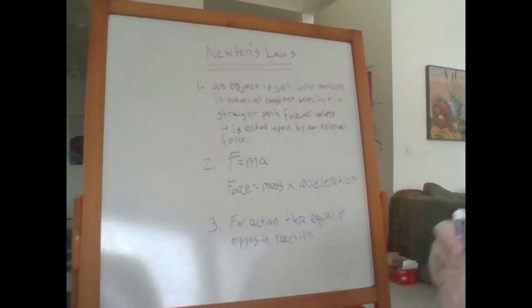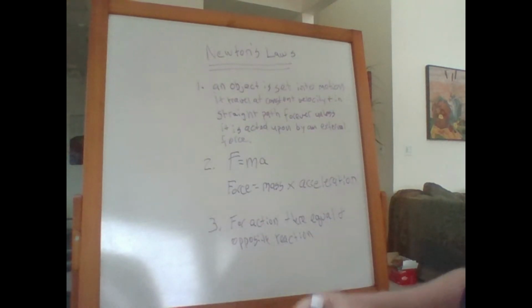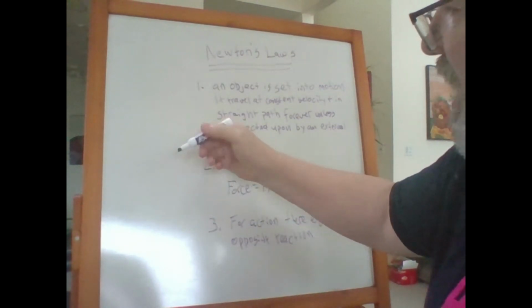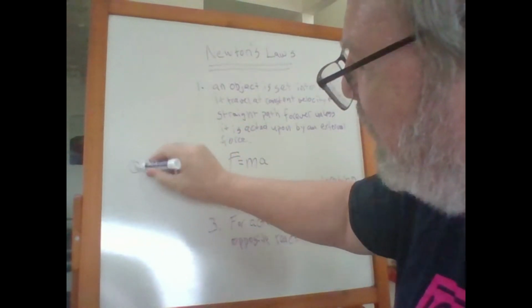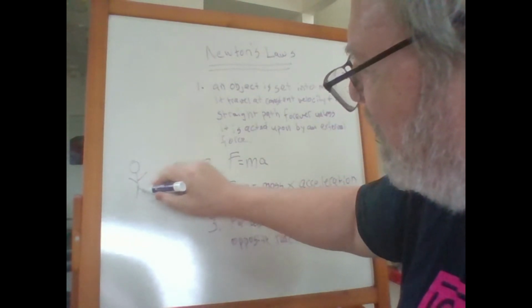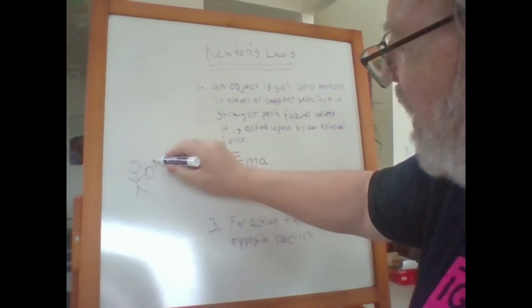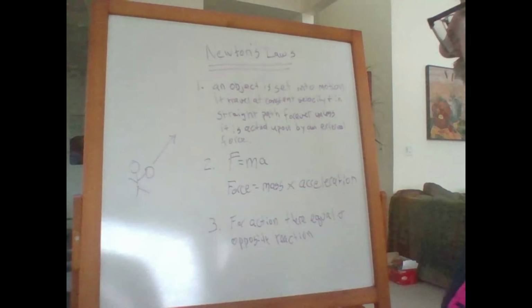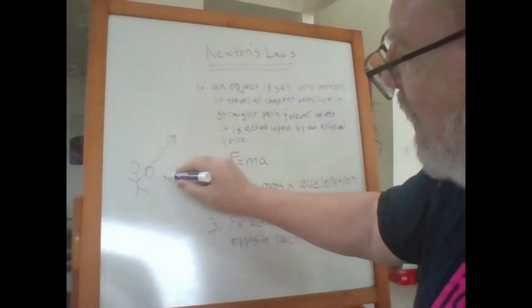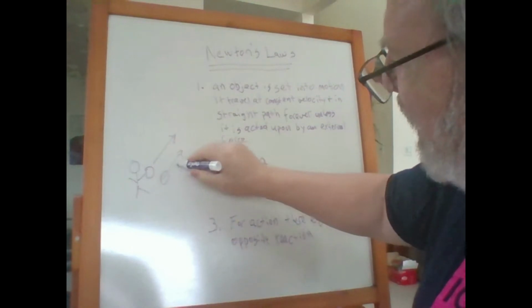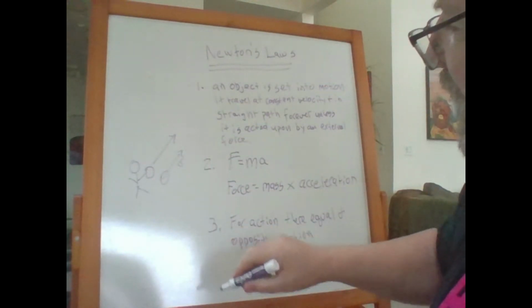So what that's saying basically is if I have a 20-pound ball in my hand made of dense, heavy rubber, and I'm floating in space with nothing to grab, and I throw that ball with a certain effort, a certain force, that ball is going to go off in this direction at a constant speed.